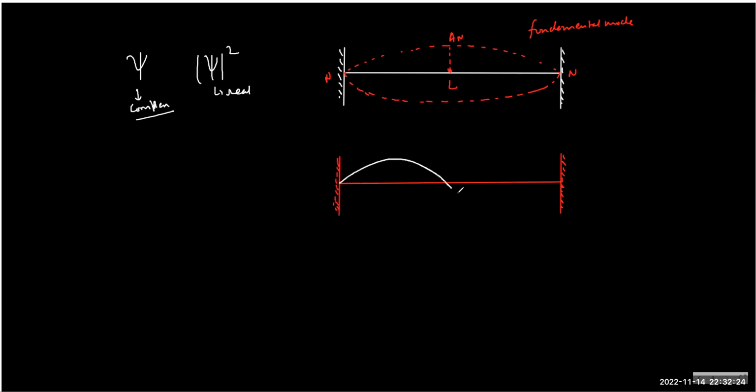So instead of one loop, we are going to make two loops. There's nothing like a loop as such, it's the mode of vibration. The string will vibrate in such a way. This way of vibration means you have given more energy, and that also represents the excited state of the probability wave.